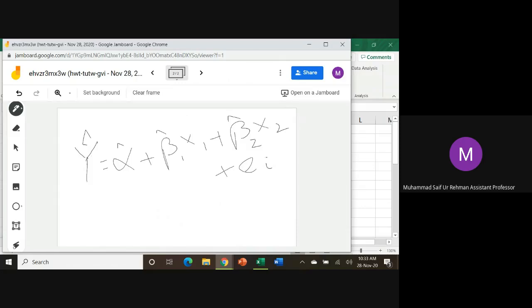That would be a detailed formula, and you have to prove it by taking into account the matrices. When you take into account the matrices of determinants, you will be able to find out the value for beta 2.